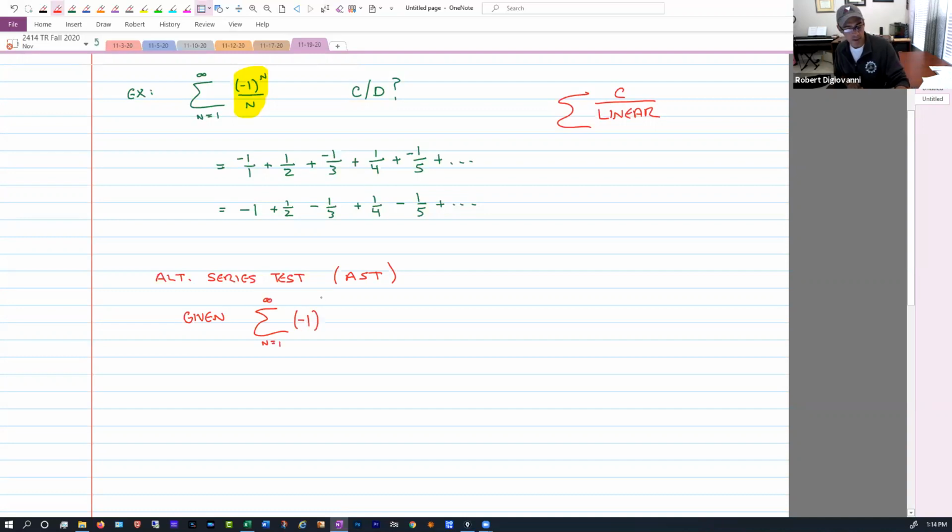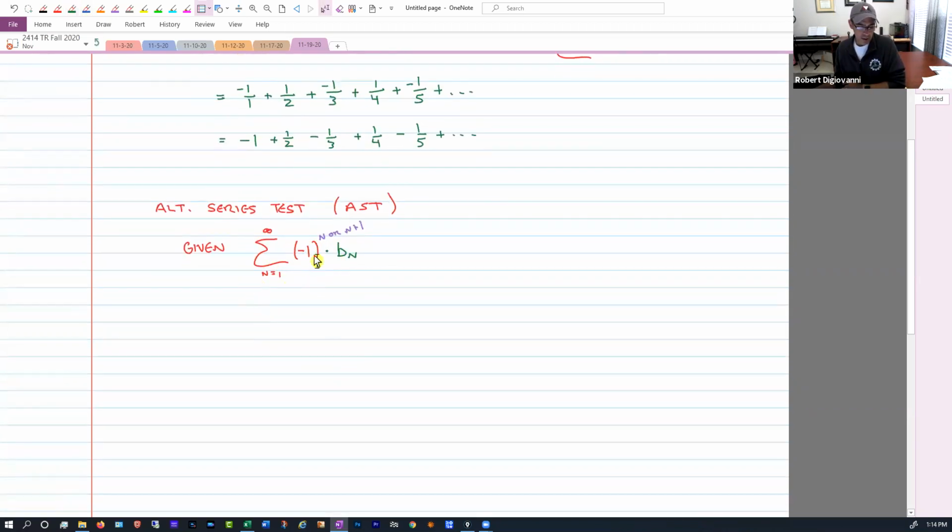Now, this might be -1 to the n, or it could possibly be n plus 1 up there. It doesn't matter if it starts negative or positive, just as long as we do have alternating happening. And then next to it, the formula sheet uses B sub n instead of A sub n. Don't know why, but that's what they do.